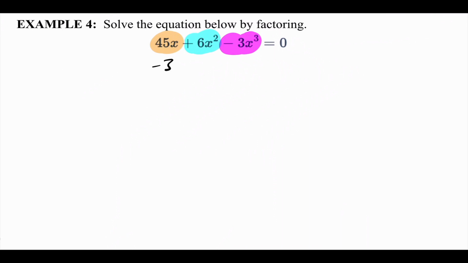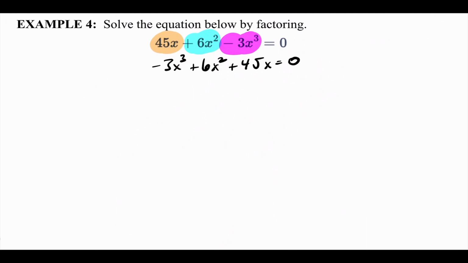So it's negative 3x cubed, to the third power, plus 6x squared, plus 45x. Okay, that's in descending order. I got the biggest power, second biggest power, last power.